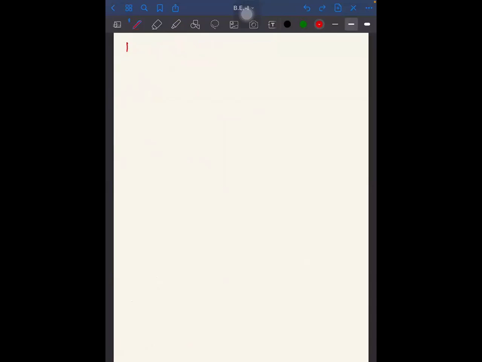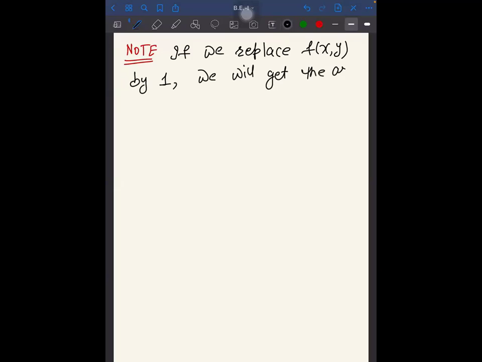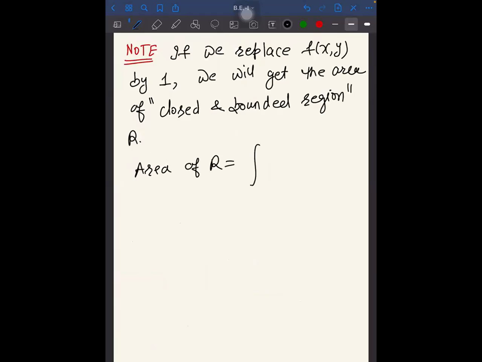So note, if we replace f of xy by 1, we will get the area of the closed and bounded region R. That means the area of R will be the double integral of 1 dx dy.